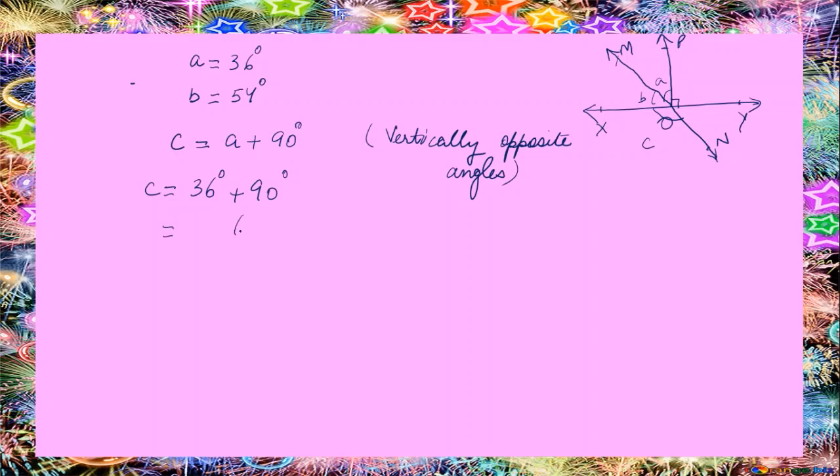So it will be 126 degrees. So you got a is 36 degrees, b is 54 degrees, and c is 126 degrees. Okay, so in this way you can solve it.